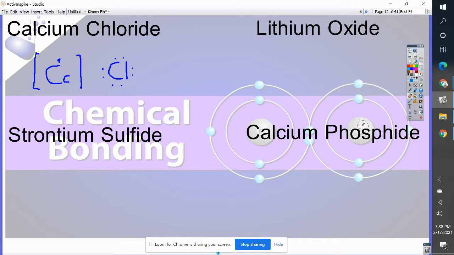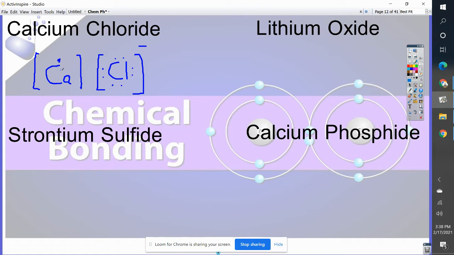And notice this chlorine now has 8. It has met the octet rule. So it is happy. It just gained 1 electron. It was neutral with 7. Now it has 8 electrons, so it is negative.